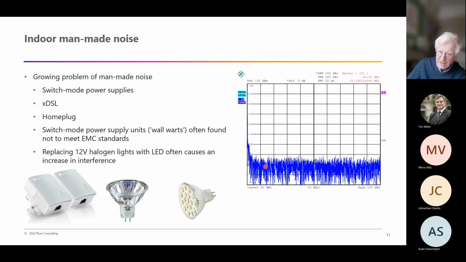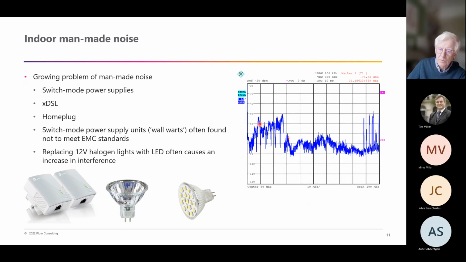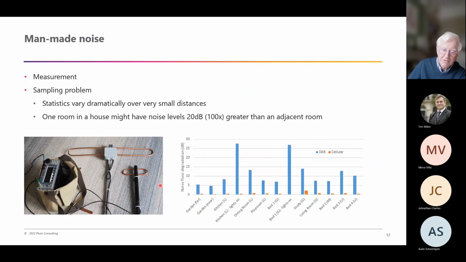And you can see that you're jumping up by maybe 40 dBs, so several 100,000 times increase in noise levels due to interference from these typical domestic devices. And that has a massive effect on the usability of radio services.